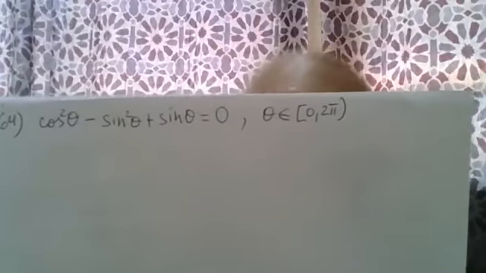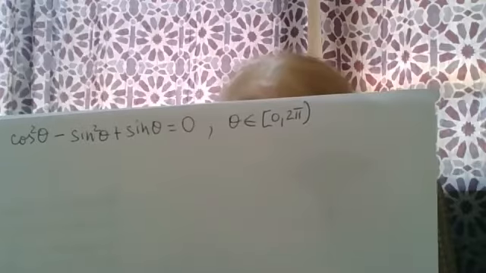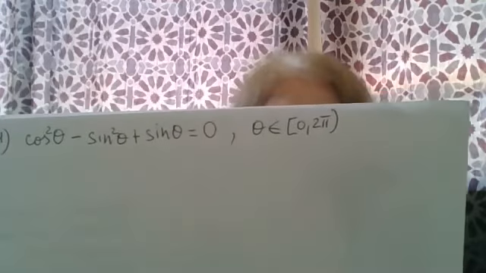I'm going to copy, as we did before, 2 cosine squared theta minus sine squared theta plus sine theta equals 0, theta belongs to that interval.